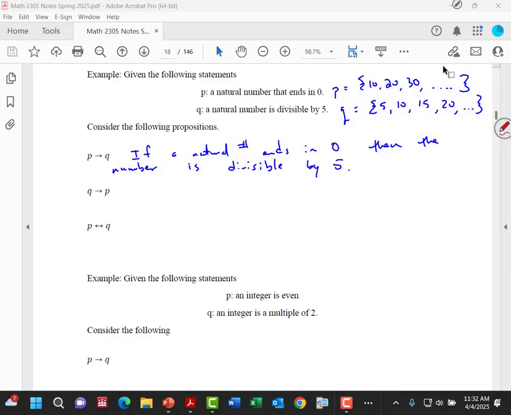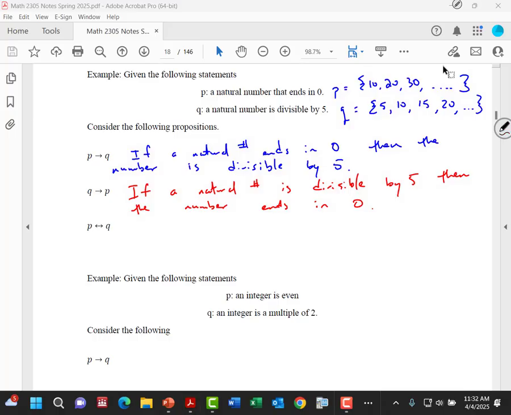Let's look at the second one. If Q, then P. So this would be read, if a natural number is divisible by 5, then the number ends in 0.